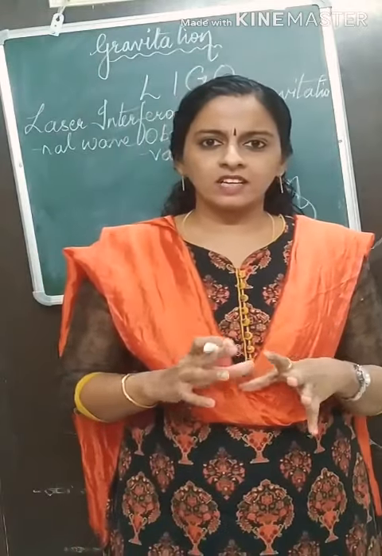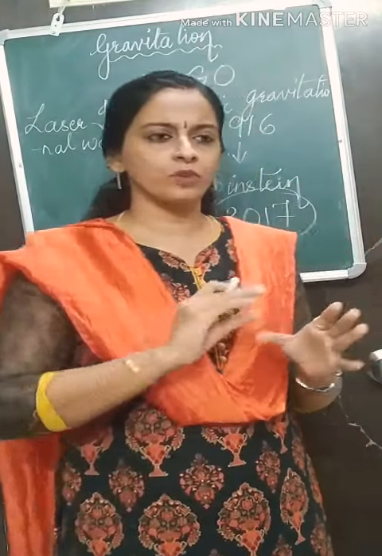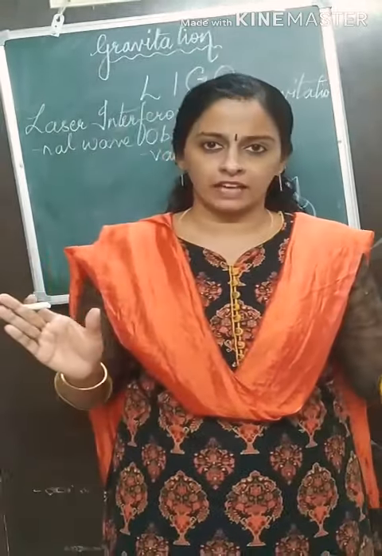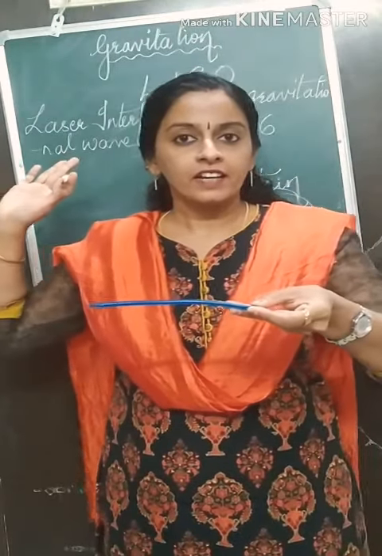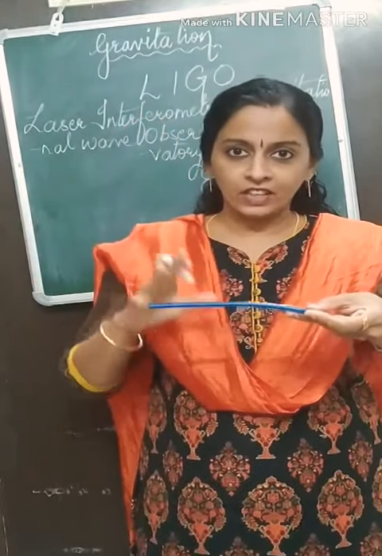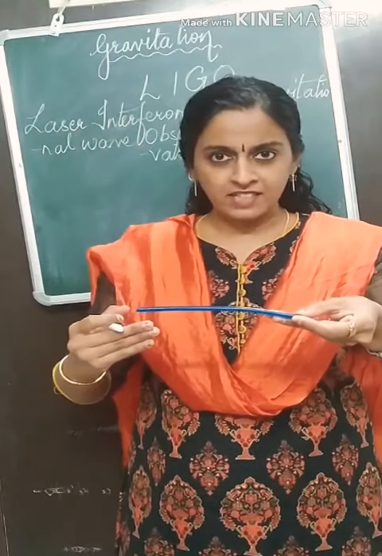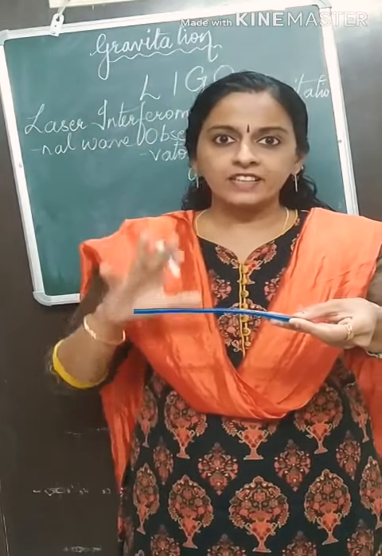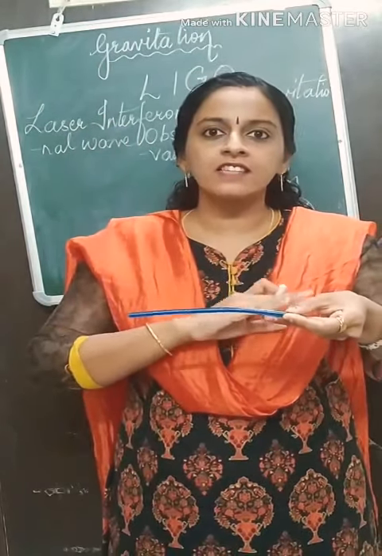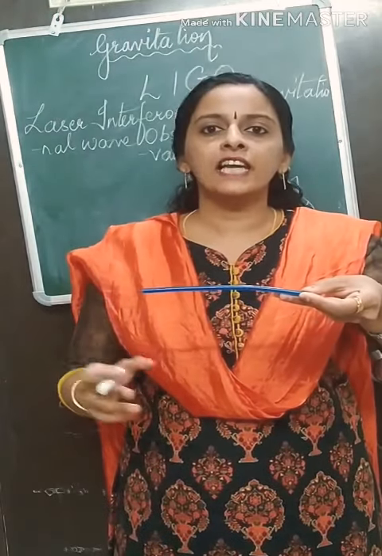Now LIGO is a big instrument. It consists of two tubes of equal length. Whenever gravitational waves reach the earth, as they touch the earth, they are first detected by the sensitive cells present in this LIGO.